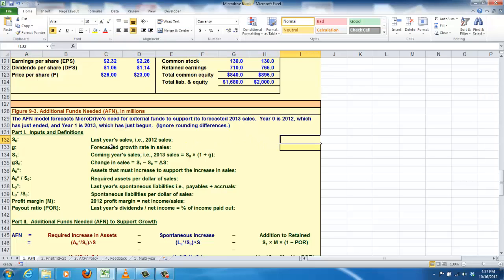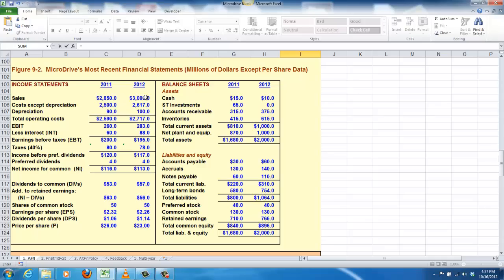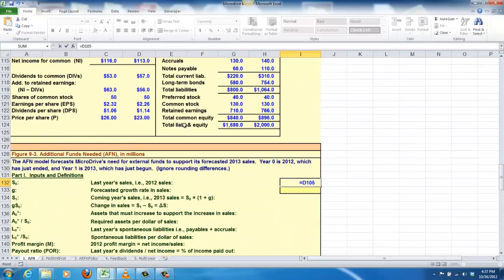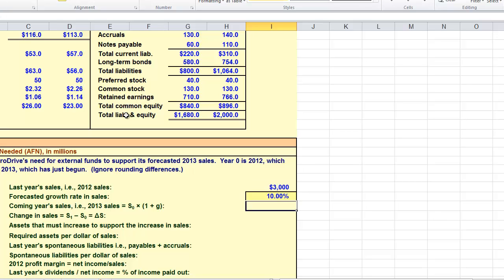To do that, we're going to take last year's sales, so that's S0, and that was $3,000. The forecasted sales growth rate was given to us by the management based on historic sales of 10%.